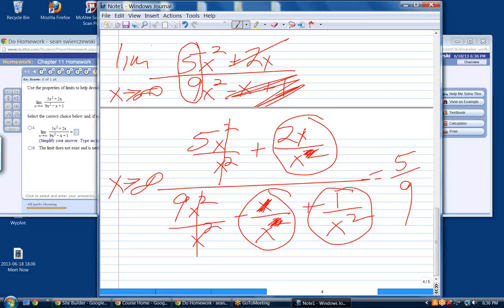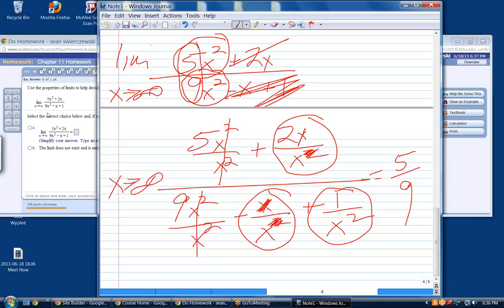You take the ratio of the coefficients if they both have the same degree of x. And also, when we're looking at x going to infinity, we're looking at end behavior. And in end behavior, the only polynomial term that makes any effect is the largest one. You can effectively ignore all the others.